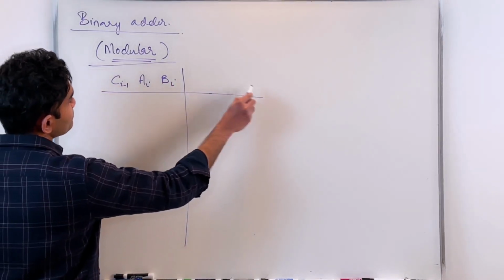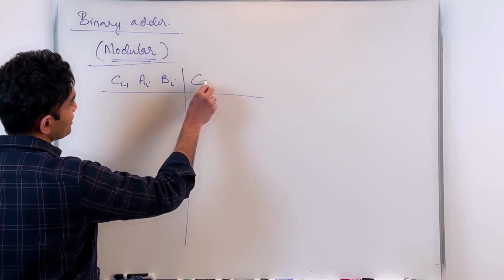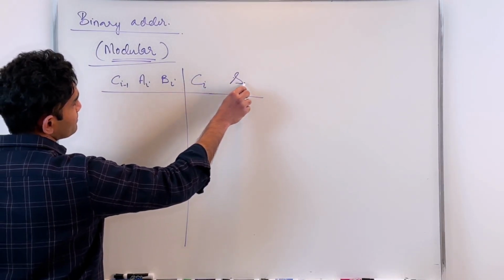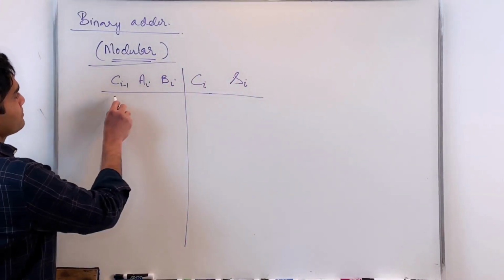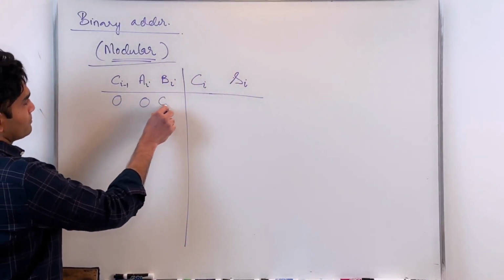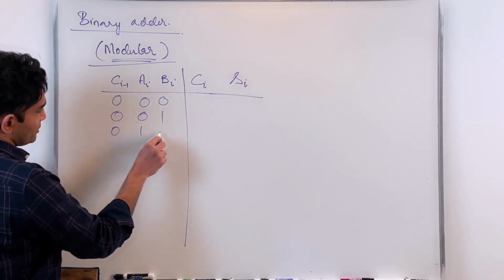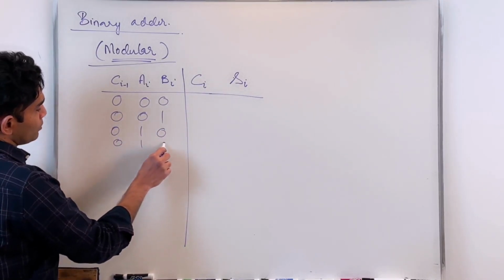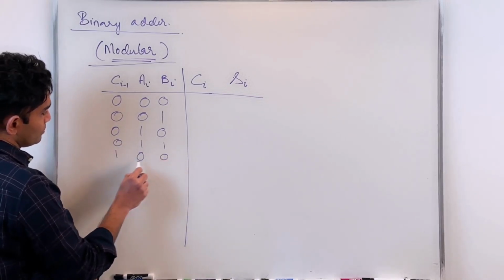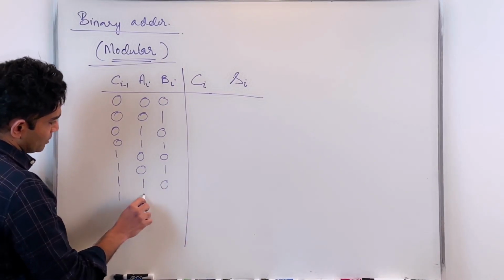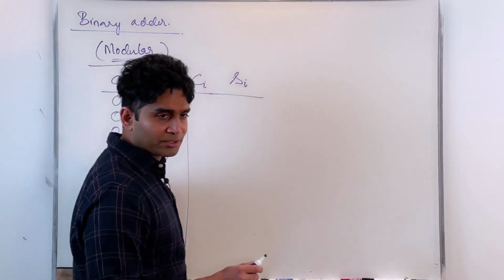And 2 outputs, which are Ci and Si. Okay. So I have 0 0 0, 0 0 1, 0 1 0, 0 1 1, 1 0 0, 1 0 1, 1 1 0, 1 1 1. So I have 8 different combinations between the inputs.